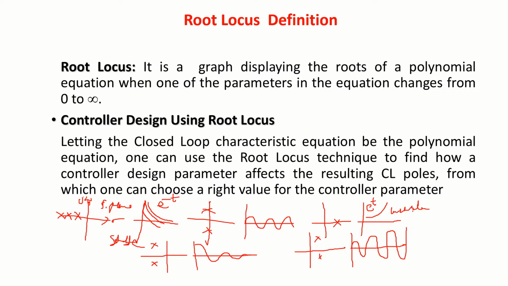Another very important thing is that if you have S-plane, and this is zeta is equal to 1 line, and this is zeta is equal to 0 line, and these are constant values of zeta like this, correct? Constant values of zeta.